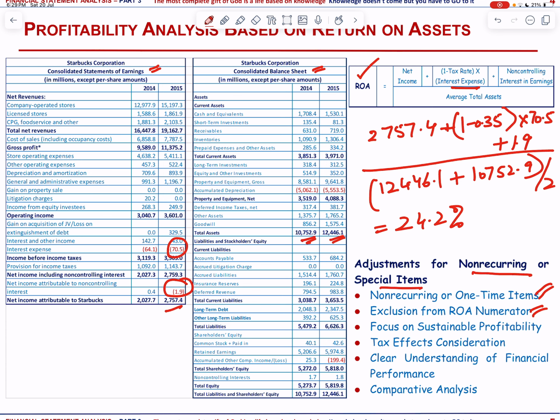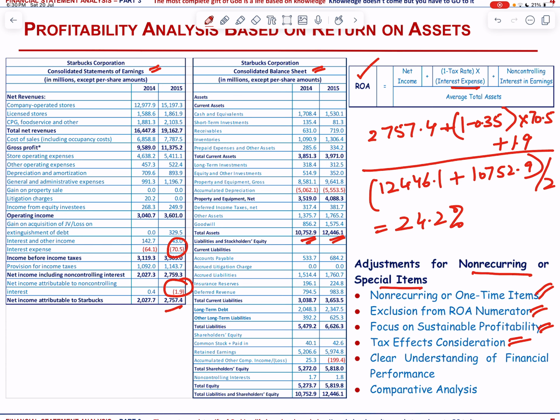By adjusting for non-recurring items, analysts aim to gauge the company's sustainable profitability. Adjusting for tax effects related to these items, if disclosed separately, enhances the accuracy of the return on assets analysis.